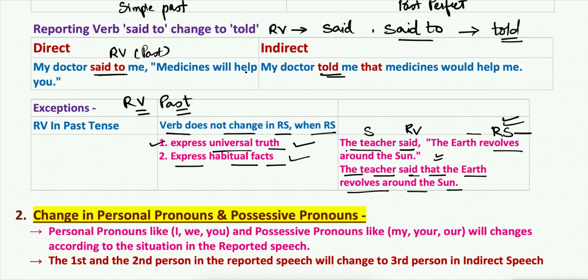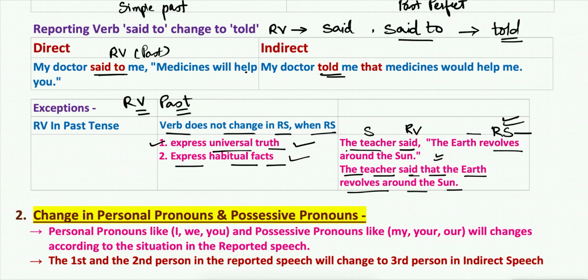So in past tense, when the reporting verb is in past tense, we have learned three things. First, there will be a change of verb in the reported speech. It will change accordingly. The simple present will change to simple past. Present continuous will change to past continuous. Present perfect will change to past perfect.